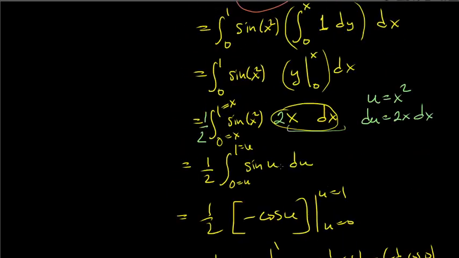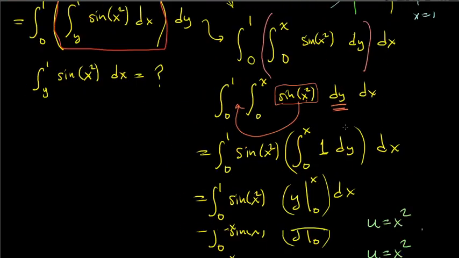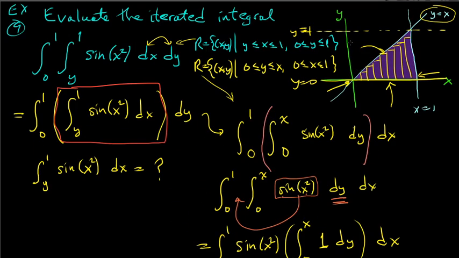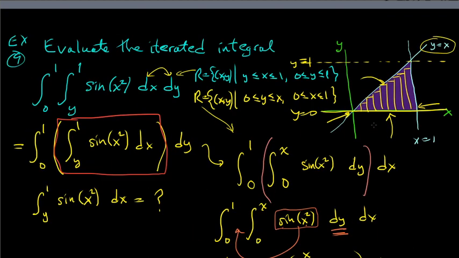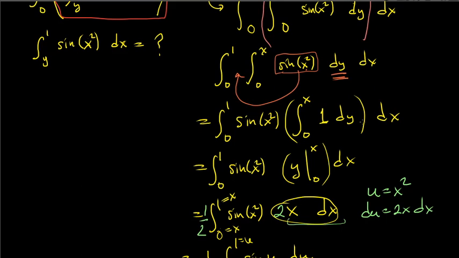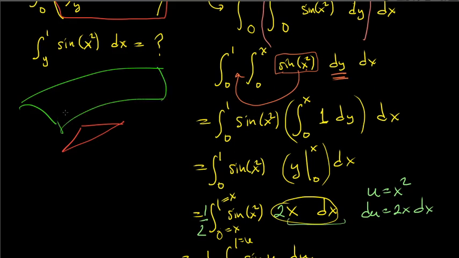We got a number, right? And remember what that number is. It's the volume underneath the surface sitting above this triangle here. It's a triangular region, right? So there's some surface sitting above this triangle here. Let me draw the surface. And again, I have no idea what the surface looks like.